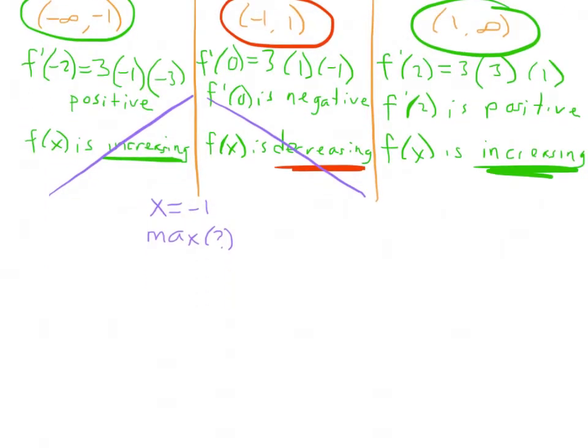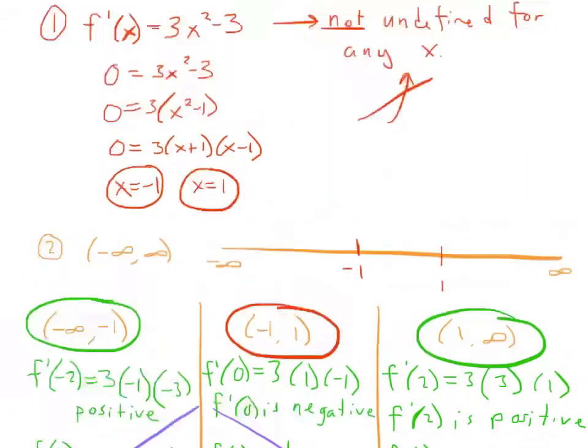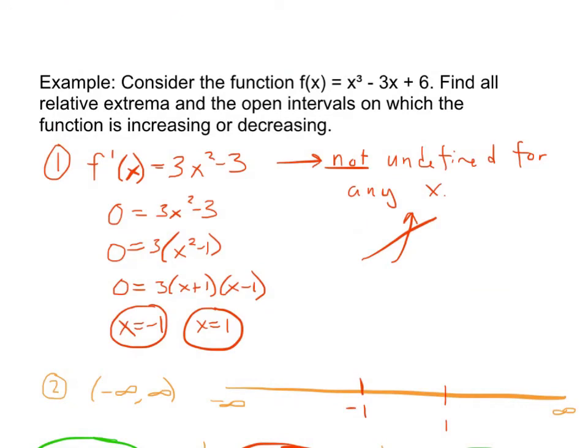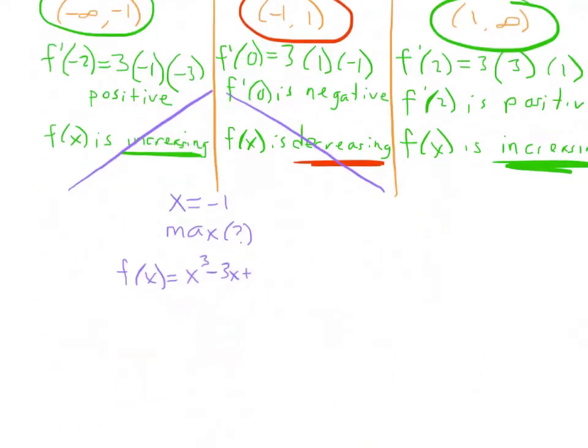So my original function was f of x is, let's see here, I believe it was x cubed minus 3x, I'll have to scroll up to take a look at it, plus 6, okay.